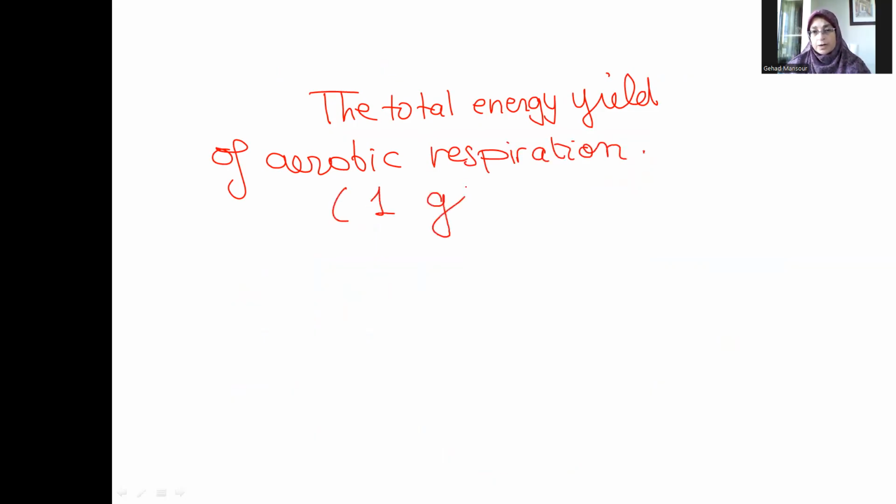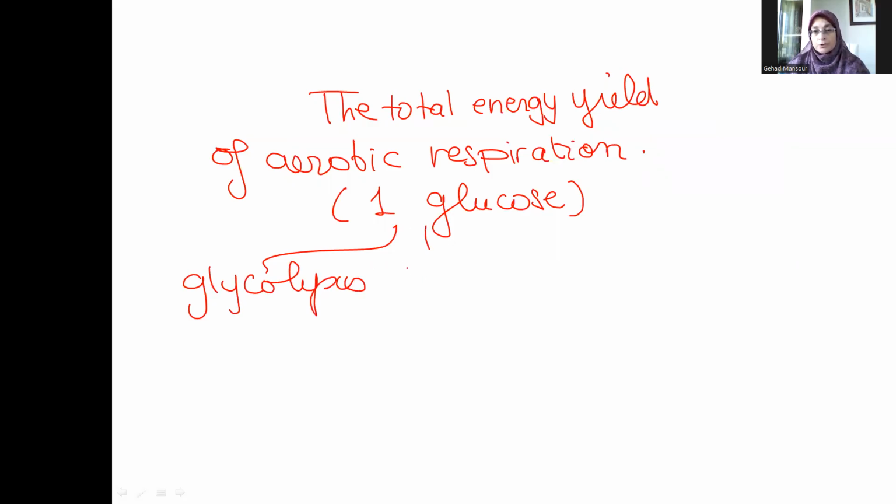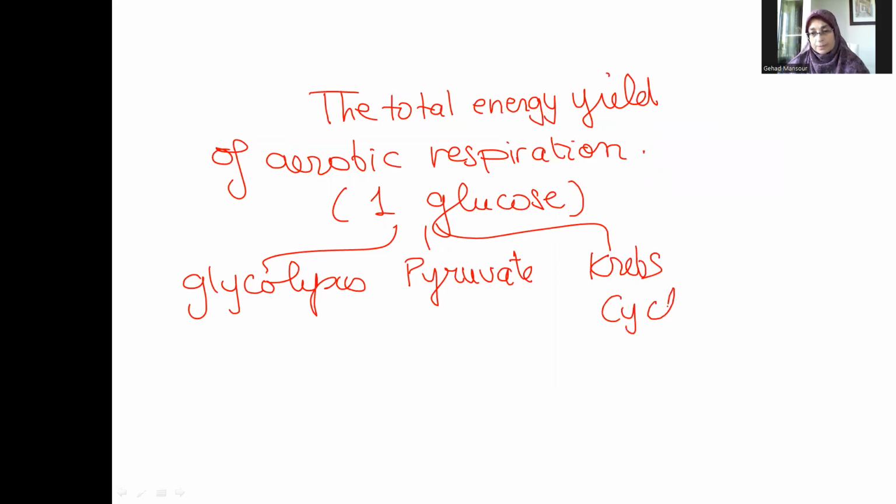We start with one glucose molecule. So you will have glycolysis, and then after glycolysis, you will have the pyruvate reaction, and then you will have Krebs cycle, and then finally, you will have the electron transfer chain.